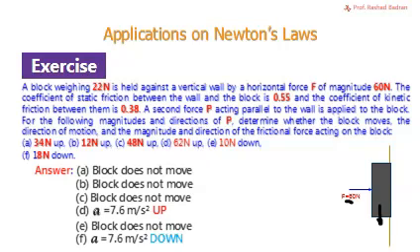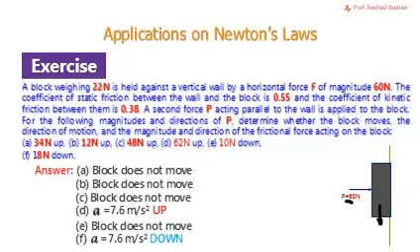A second force, B, acting parallel to the wall, is applied to the block. For the following magnitudes and directions of B, you have to determine whether the block moves, the direction of its motion if it moves, and the magnitude and direction of the frictional force on the block.